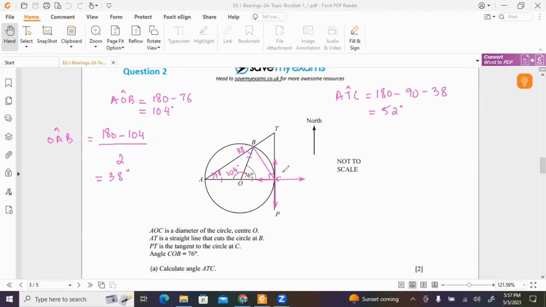So we start clockwise from north, and this is the bearing.